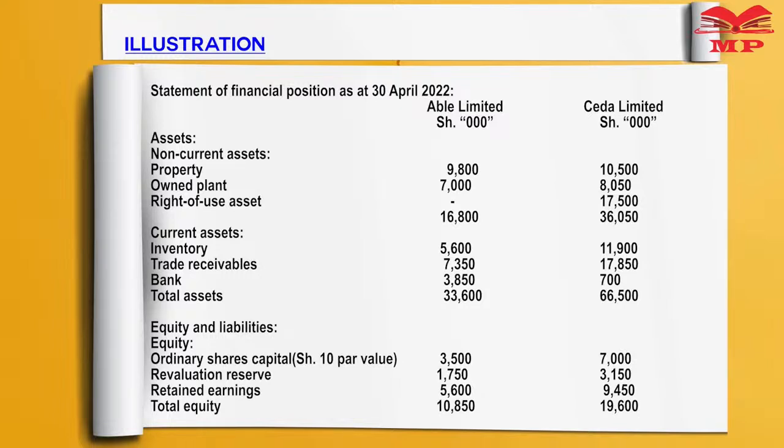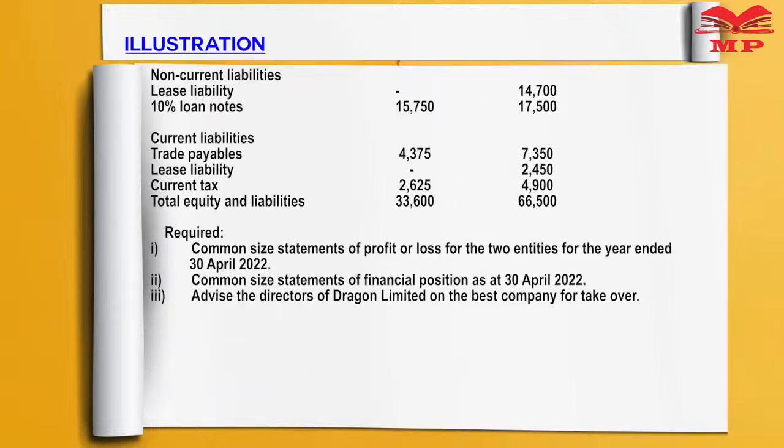At the current assets we have inventory, trade receivables, bank, total assets, and then we have equity which comprises ordinary share capital, revaluation reserve, retained earnings, and then we have the total equity. At the non-current liabilities we have the lease liability, 10% loan notes, and then we have current liabilities which comprise trade payables, lease liability, current tax, and then we have the total equity and liabilities.